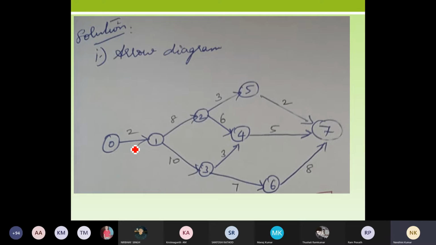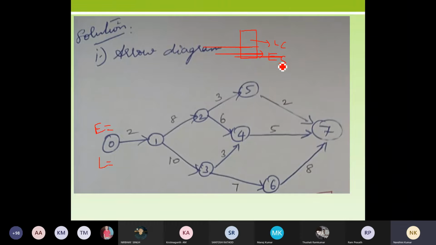If you're comfortable with drawing the boxes, you can, or if you're not comfortable with the boxes, you can mention E is equal to and L is equal to. This also you can do. Whichever is comfortable for you, you can do it. But if you're going for boxes, I want all of you to mention that the upper box denotes LC and the lower box denotes EC, or vice versa.